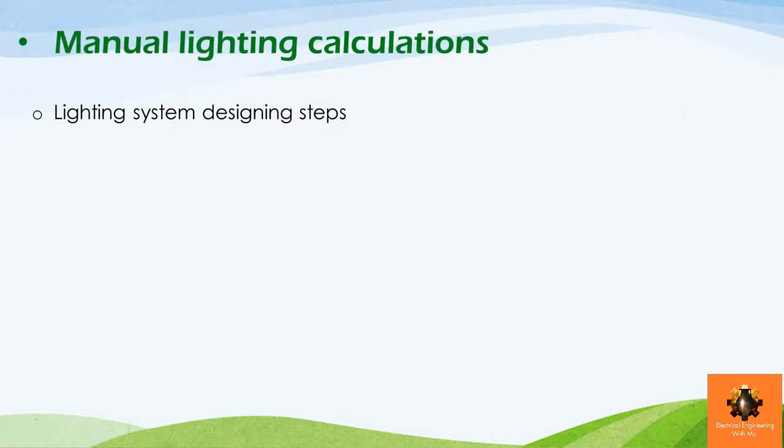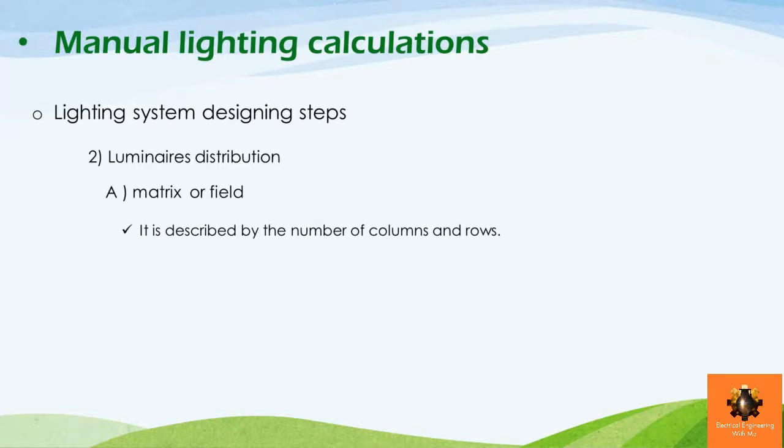And now after selecting the number of luminaires, we need to know how those luminaires can be inserted on the room ceiling. For that purpose, we have more than one method. The first method of distribution is the field or the matrix method, where we insert the luminaires in the shape of a matrix, and because the matrix is described by the number of columns and rows, we have a number of columns multiplied by a number of rows.